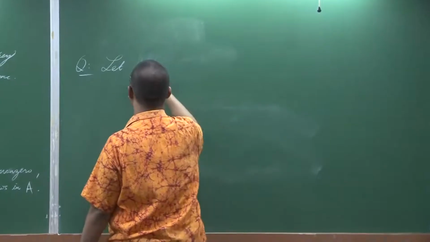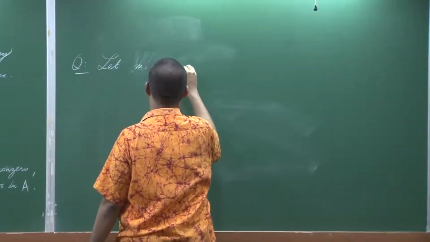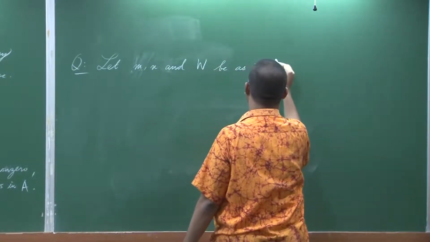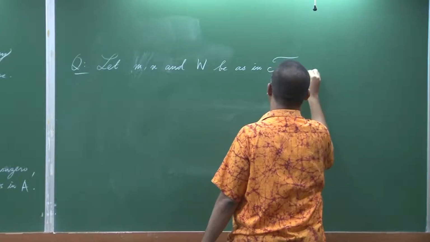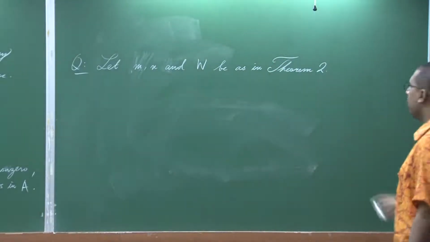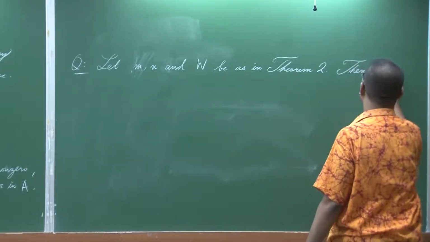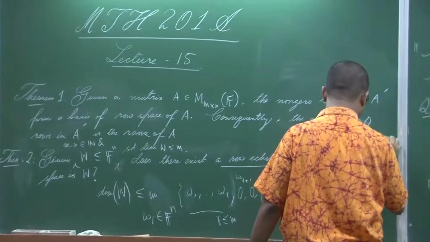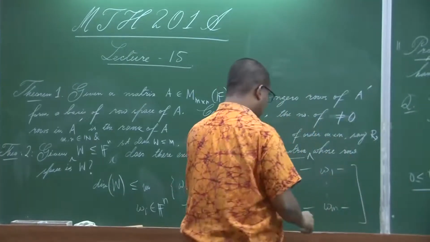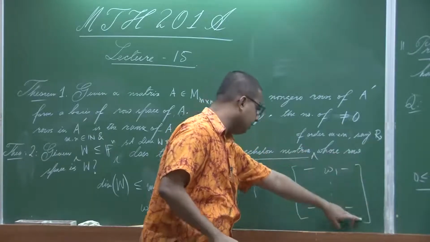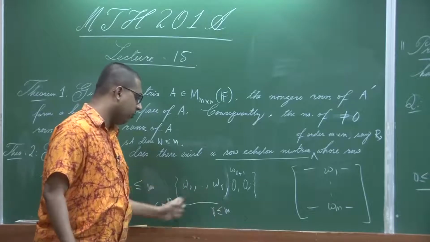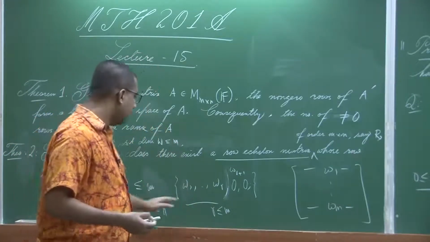Let m, n and W be as in theorem 2. Say R is the row echelon form of the matrix which has W1 up to W r, the basis of the subspace W, and then we add 0 vectors.